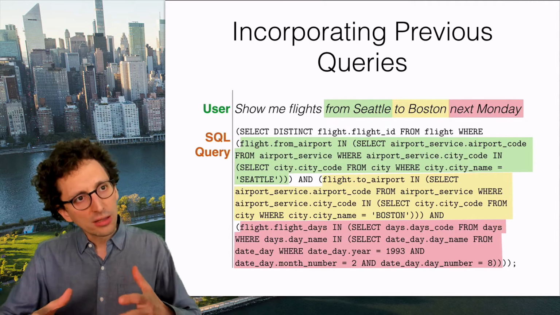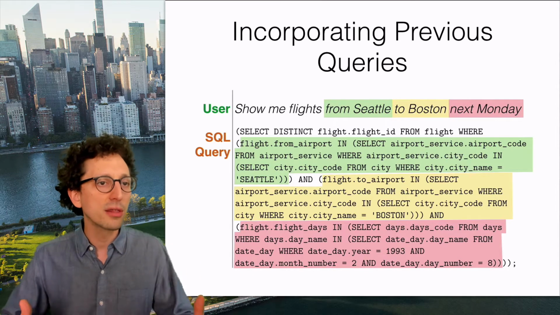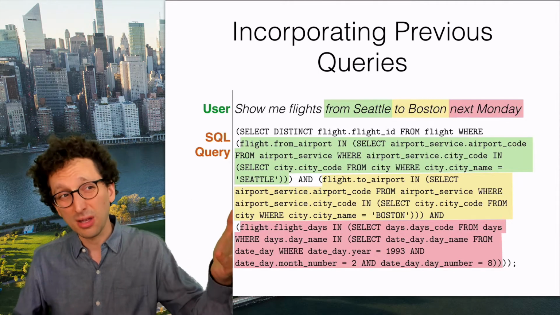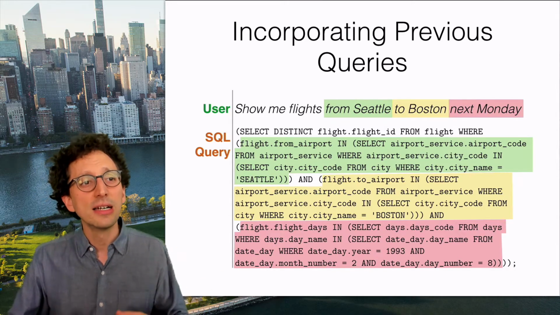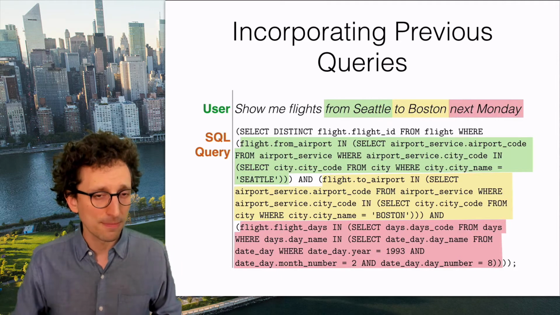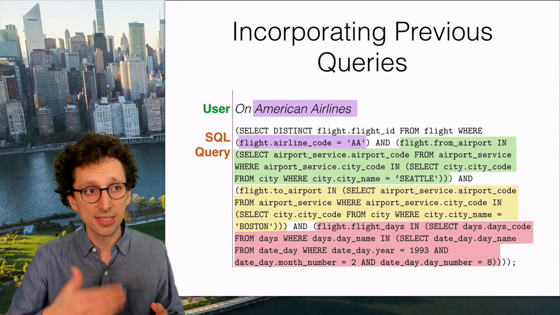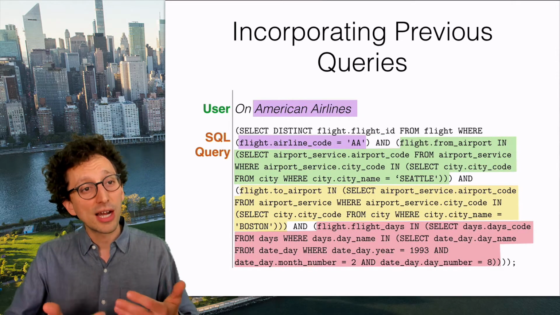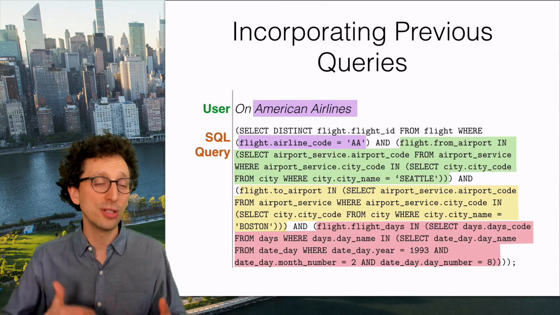Another object that we see in the context of the history of the interaction are the SQL queries the system generated. And here I'm showing the SQL queries for the first user utterance in the example that we were looking at. And what you can see already is that within this complex query, there are certain parts that are coming from different constraints. And these constraints, when they are later reused implicitly in utterances, such as the next one on American Airlines, if you look at the SQL query, you can see that they are copied as is to the new SQL query.